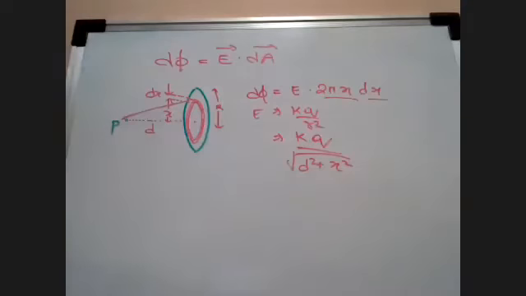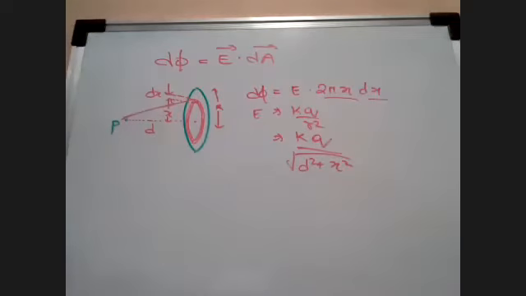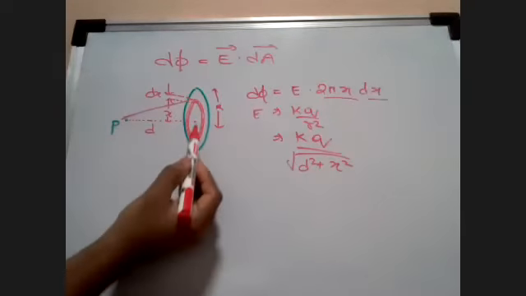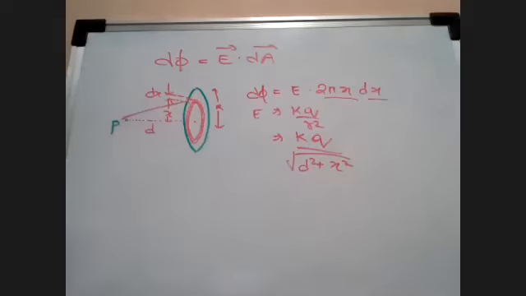Why 2πx dx? 2πx is the circumference of the ring, and dx is the thickness of the ring. We are taking a ring element of thickness dx at distance x from the center, a small distance that creates a ring around this disk. So 2πx dx. Any doubt here? Please let me know.